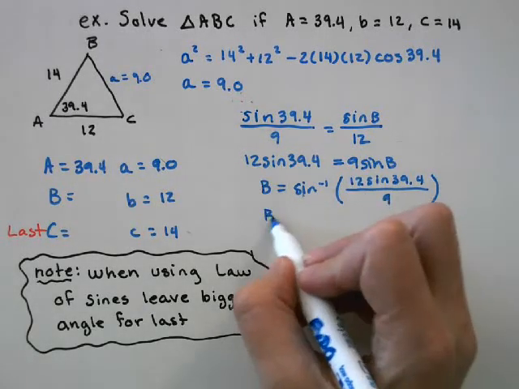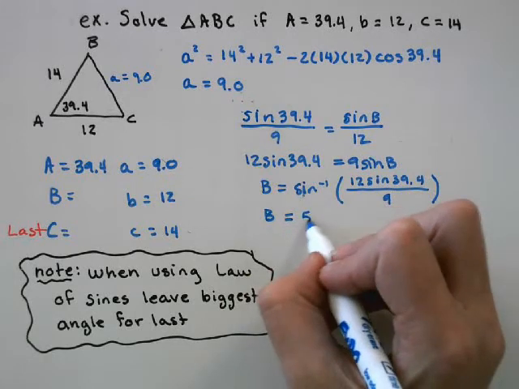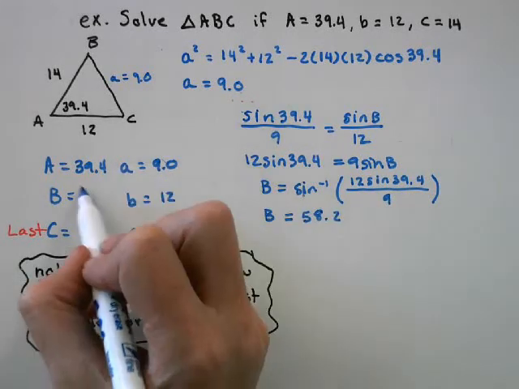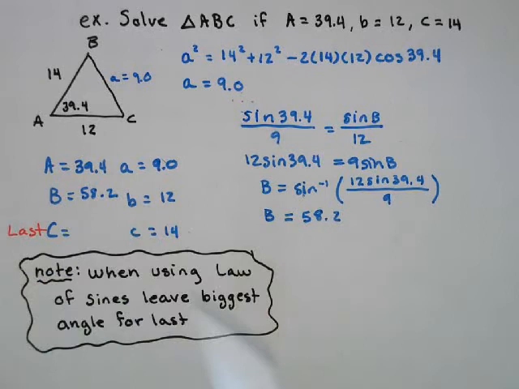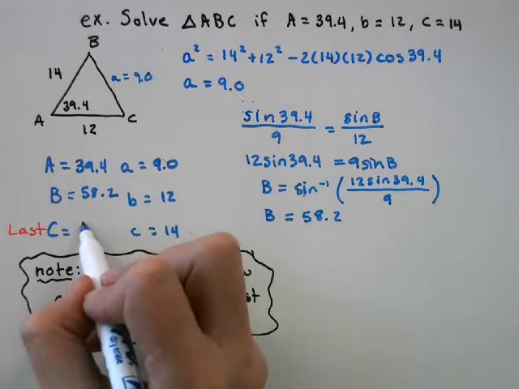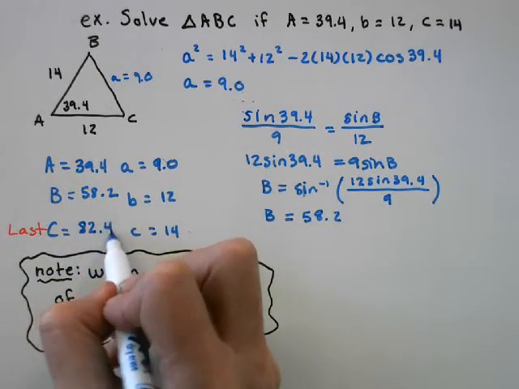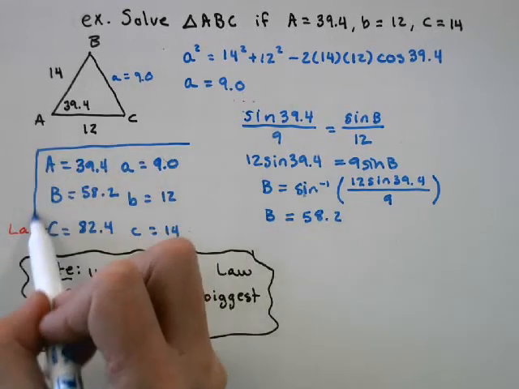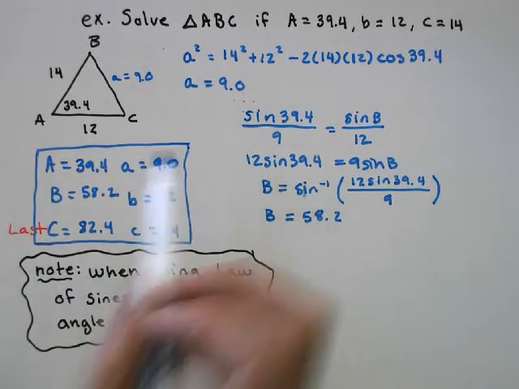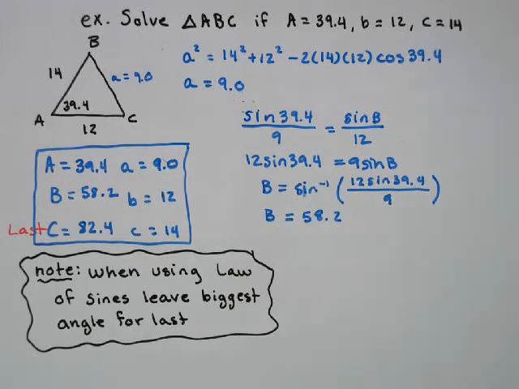Okay, type that in the calculator, and we get B is 58.2. Then for my last one, we just subtract from 180 to get 82.4, which wasn't obtuse, but had it been, it would have come out in that calculation.